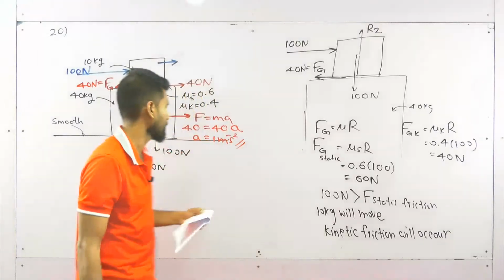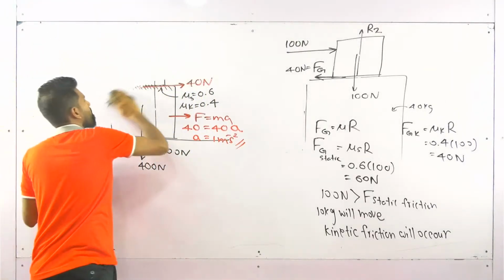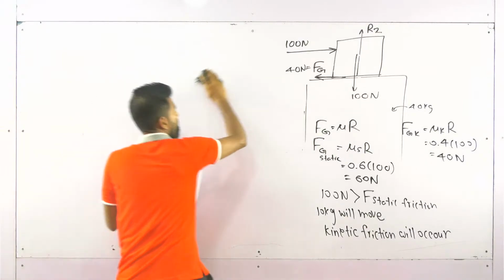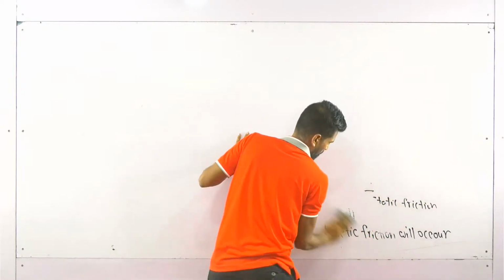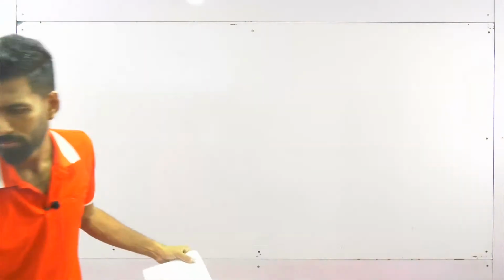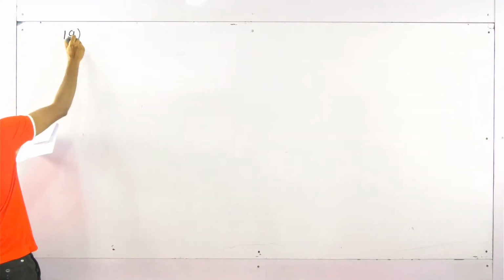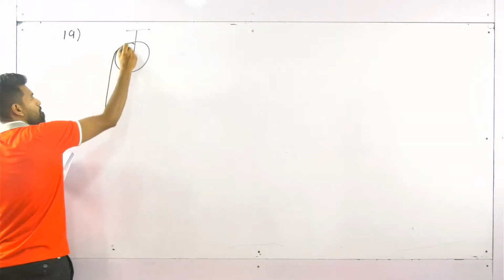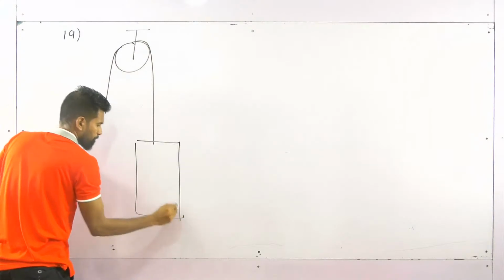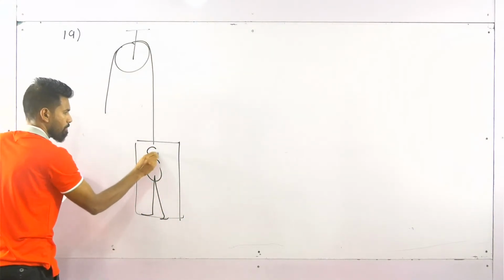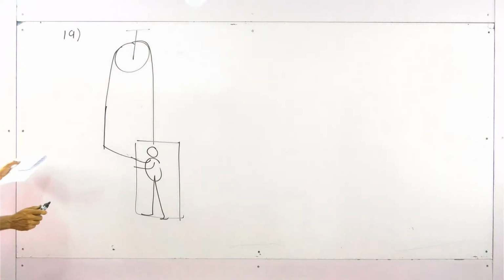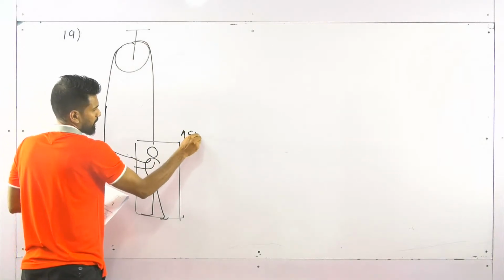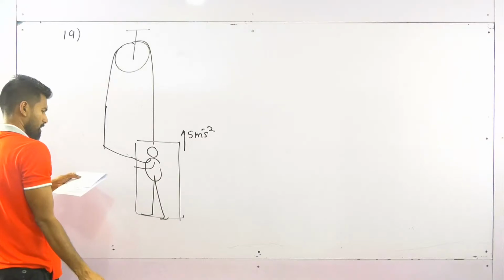Question number 19. Now what happens? A painter is raising himself and the crate on which he stands with an acceleration of 5 meters per square second by a massless rope and pulley arrangement.